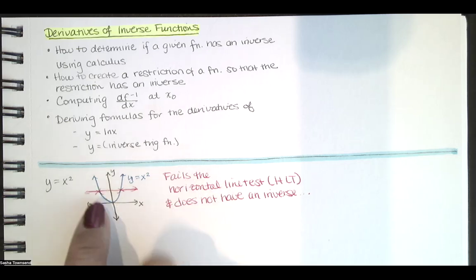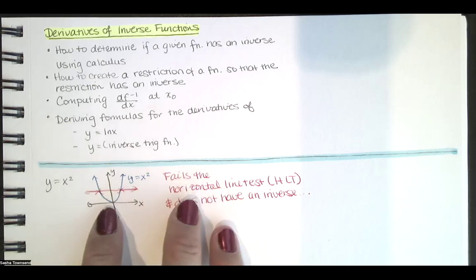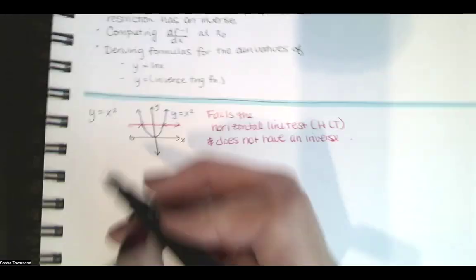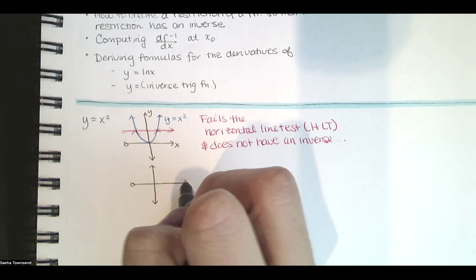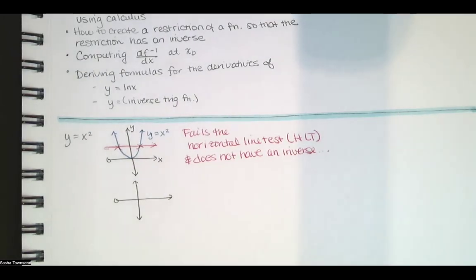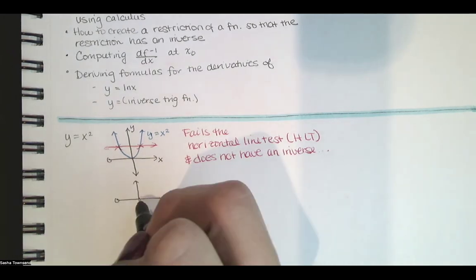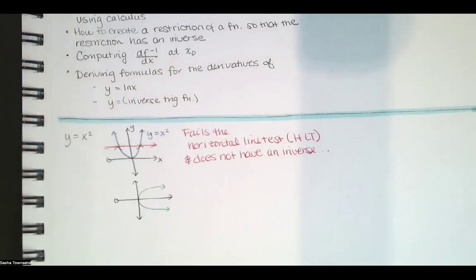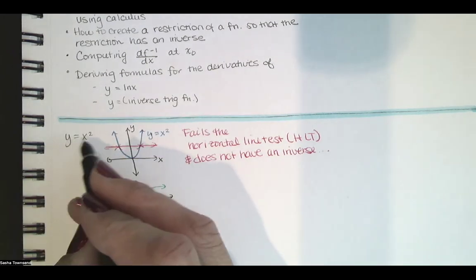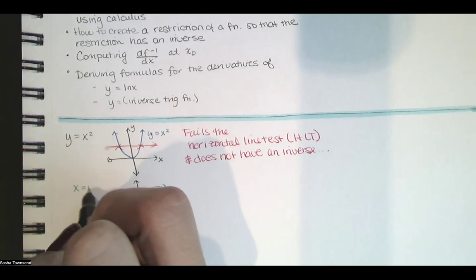The problem with this is if I switch the roles of x and y, I don't actually get a function. What I get is a relation. So if I did switch the roles of x and y, we'd have something that looks like this. So instead of y equals x squared, we'd have x equals y squared.